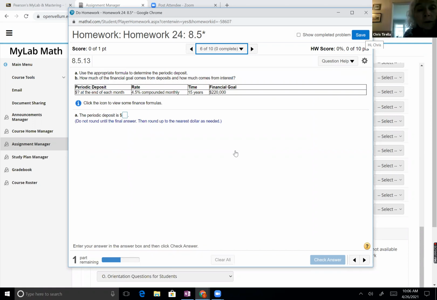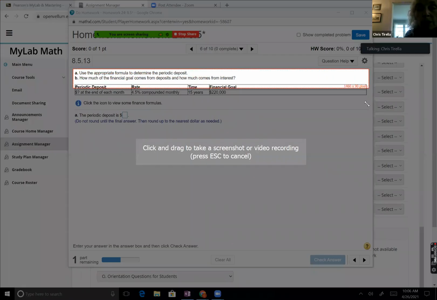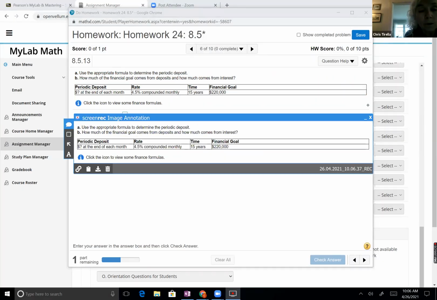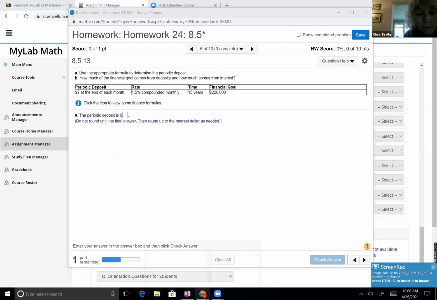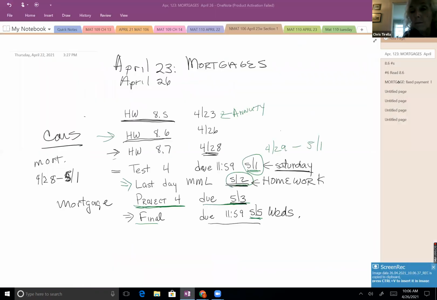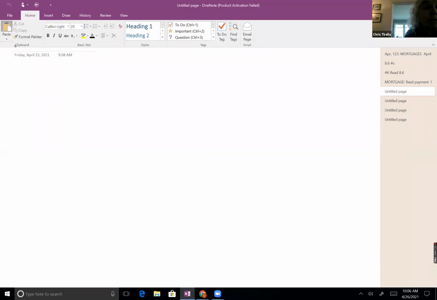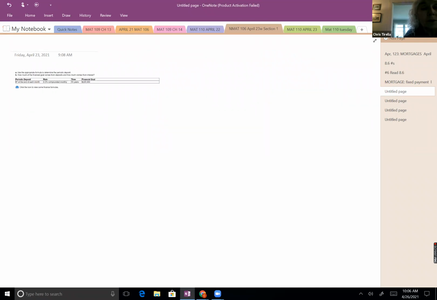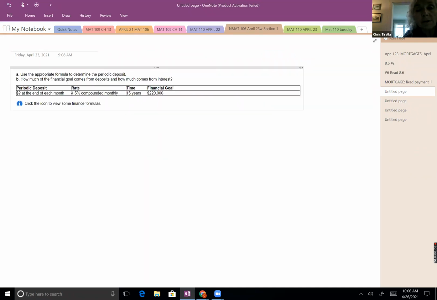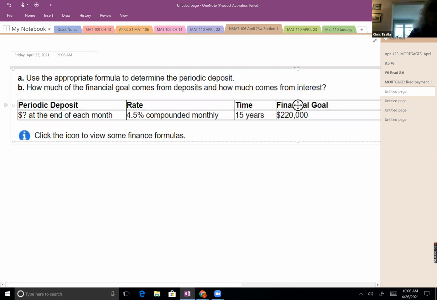Okay, this question deals with one of our annuities. Let me just real quick capture it and put it into the notes. Use the appropriate formula to determine the periodic deposit and how much of the financial goal comes from deposits and how much of it comes from interest.